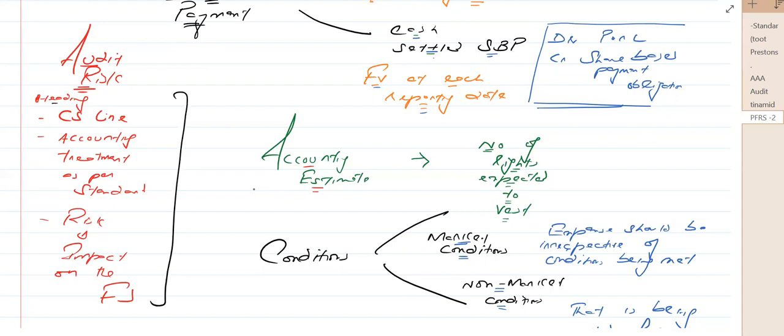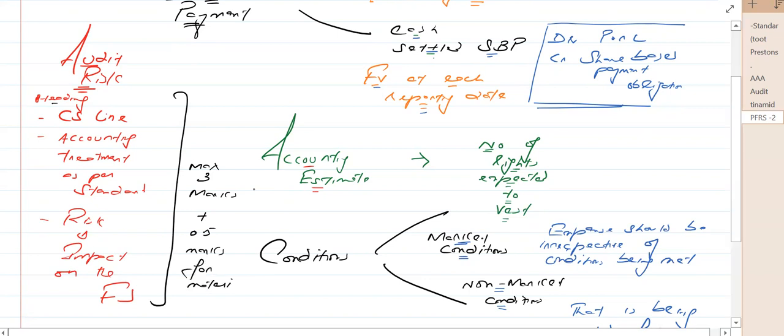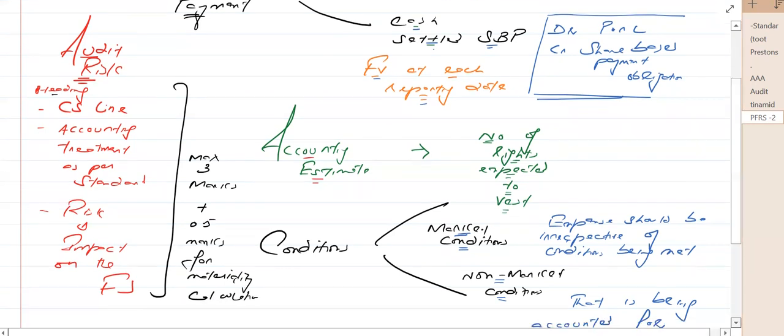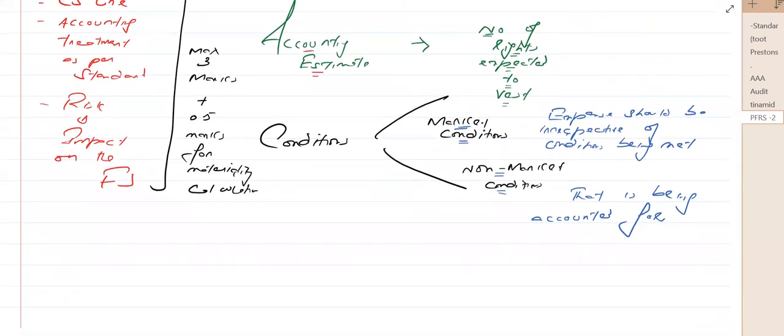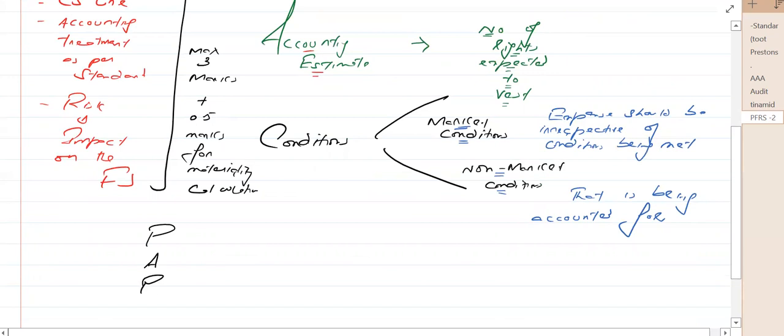So for example, without materiality, it can earn you a maximum of 3 marks. And if there's materiality involved, then 0.5 marks for the materiality calculation. Now we know the benchmarks for the materiality. So these are profit, asset, and revenue.